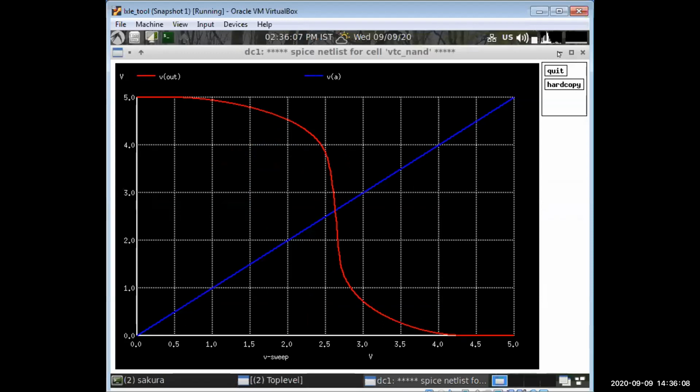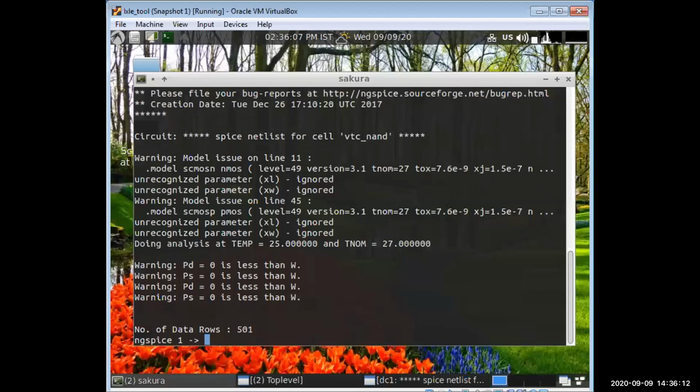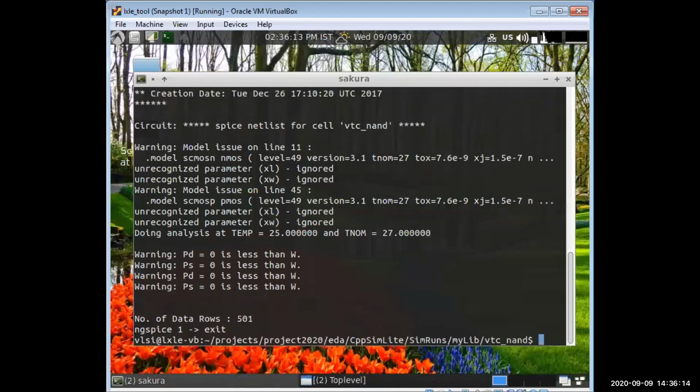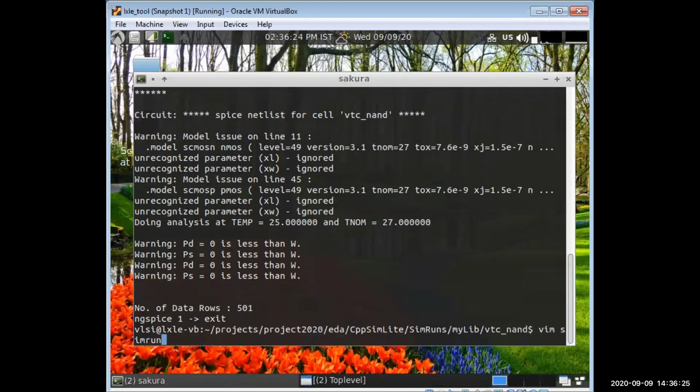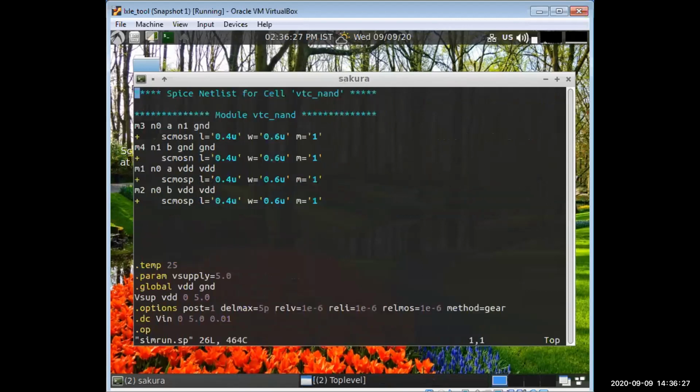Let's skip this curve and then we will see how. Now vim similar.sp. Sorry, I have to again specify the path.